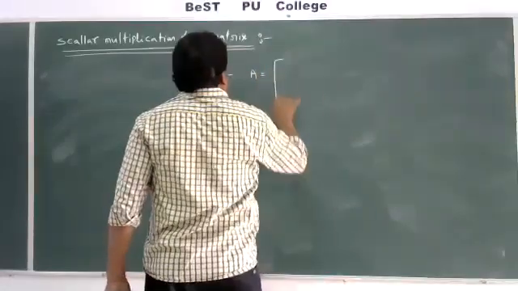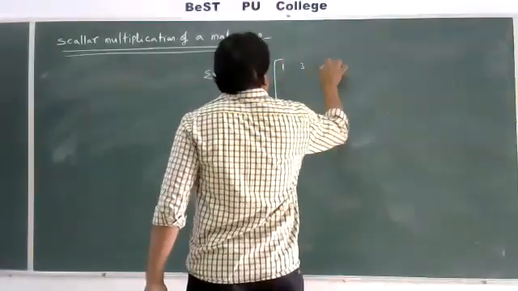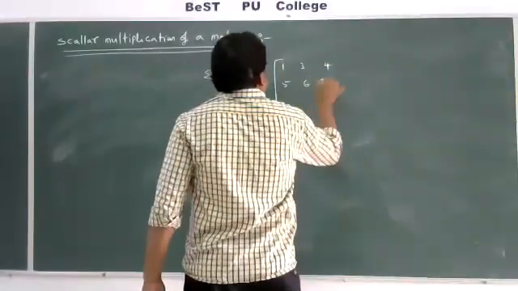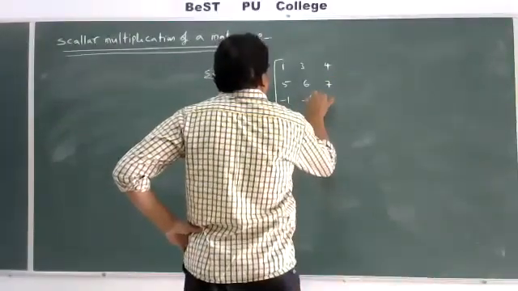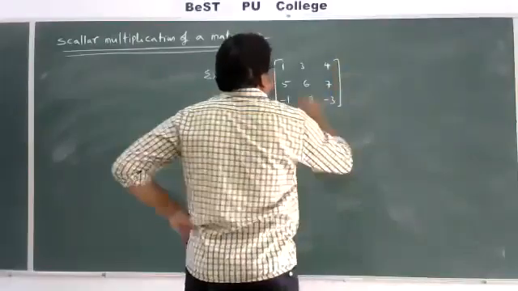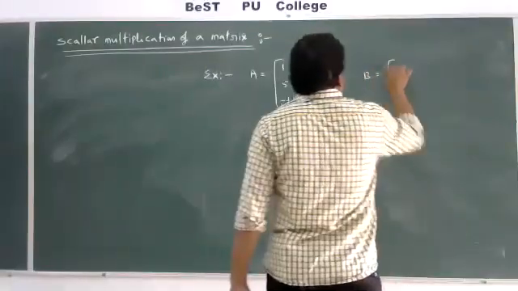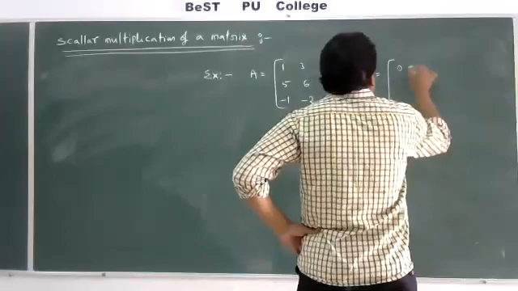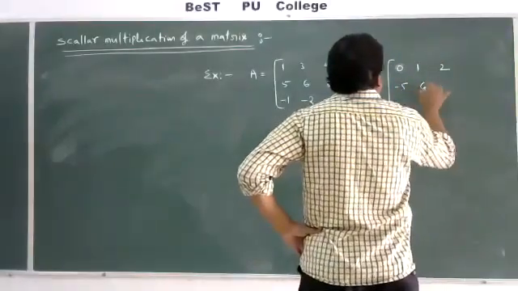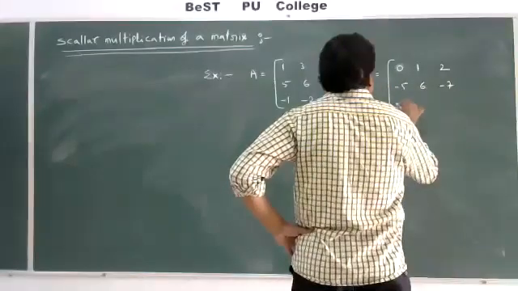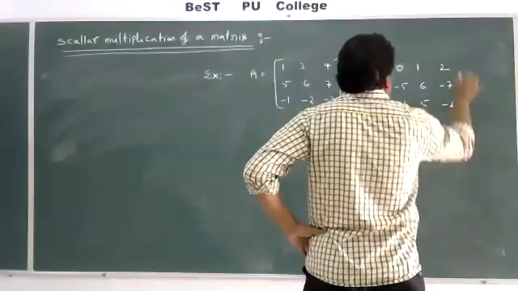A is equal to matrix 1, 3, 4, 5, 6, 7, -1, -2, -3. And B is a matrix 0, 1, 2, -5, 6, -7, -1, 5, -2.